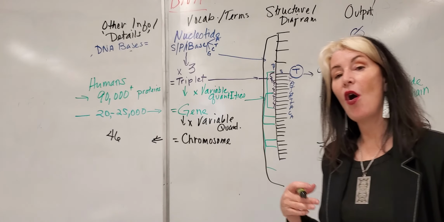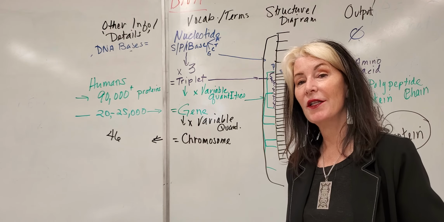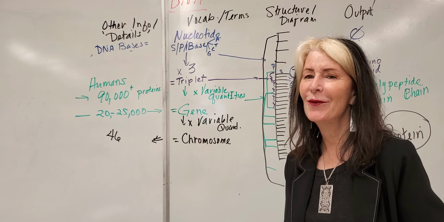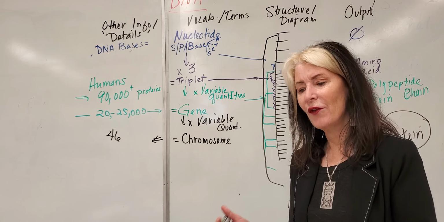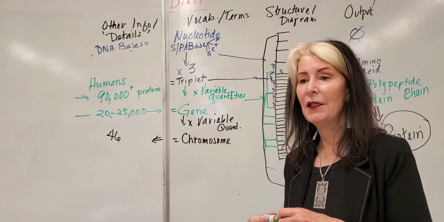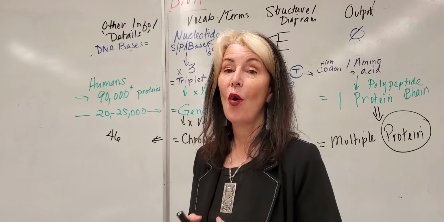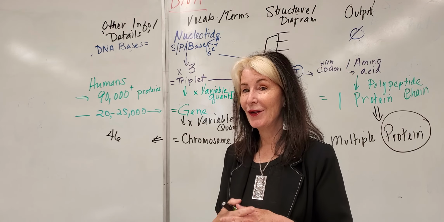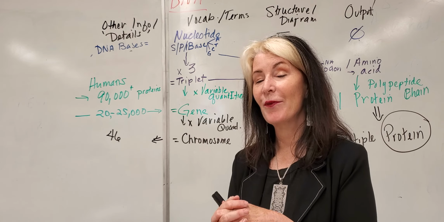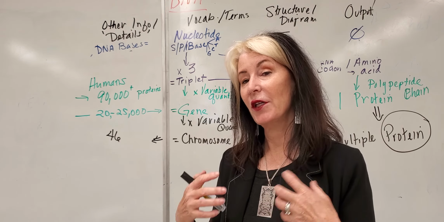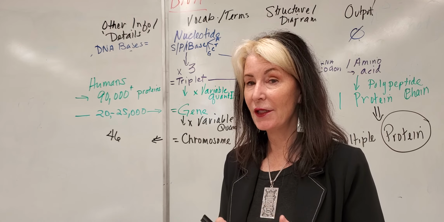Is your body making all of the proteins it can all at the same time? No, it's not, right? Right now, you're fully an adult, so your body doesn't need to be, for instance, still growing your brain, or still creating the growth patterns and eruption of your adult teeth. That's done.